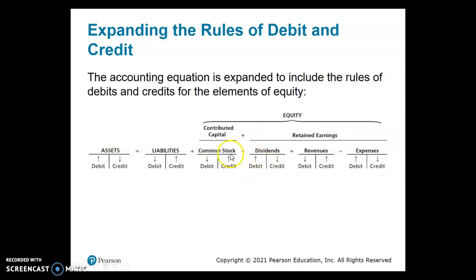Increases in dividends go on the debit side, the left side. Decreases go on the credit side. Revenues, increases go on the credit, decreases on the debit. And expenses, increases on the debit side and decreases on the credit side.